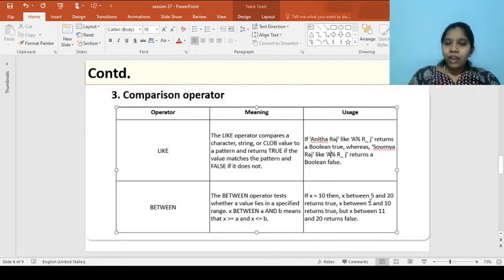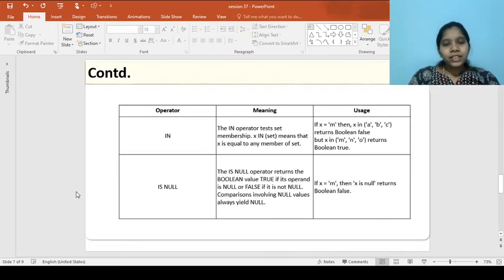So the value X equals 2 is not present between the specified range, hence it returns false.